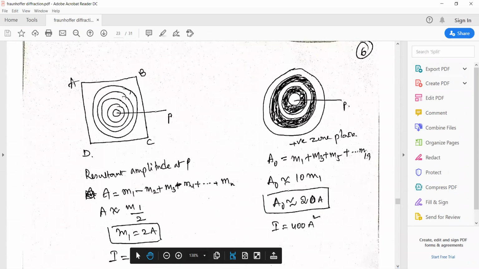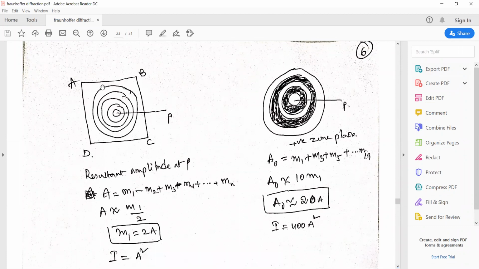If you consider this one, you see the complete wavefront. Here the planar wavefront is divided into a number of zones. All zones are transparent, no one is blocked.